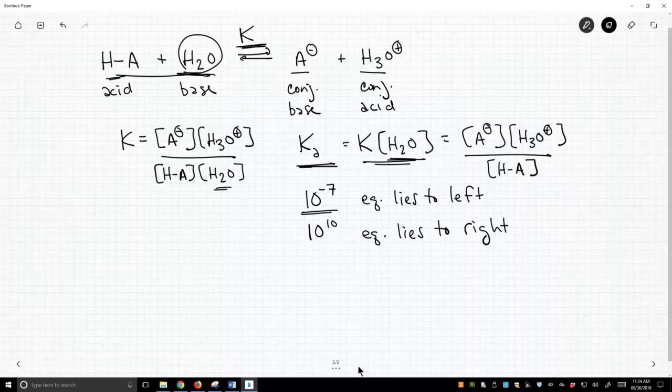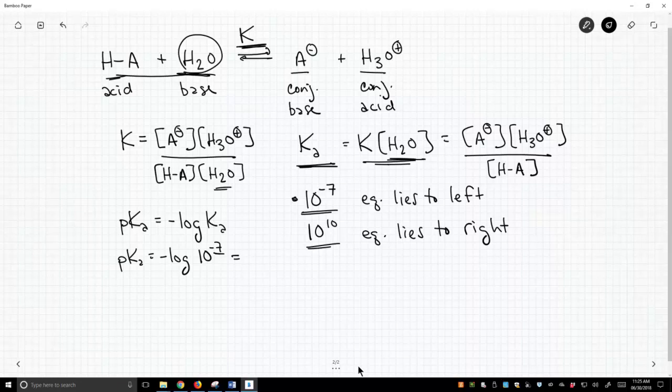Because our equilibrium constants, K and therefore Ka, are both going to be really wide-ranging numbers, people often will take the logarithm of this to define a new term, which is probably more familiar to you, which is pKa, the negative log of Ka. So if the Ka is 10 to the minus 7th, well, log of 10 to the minus 7th is simply minus 7 itself.